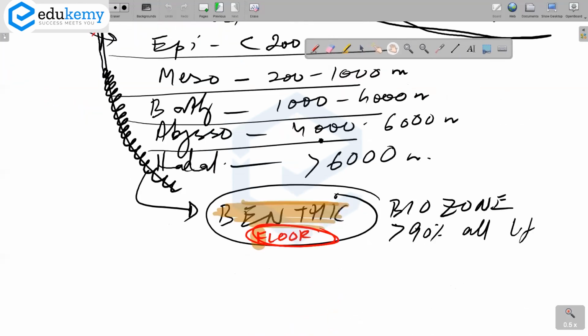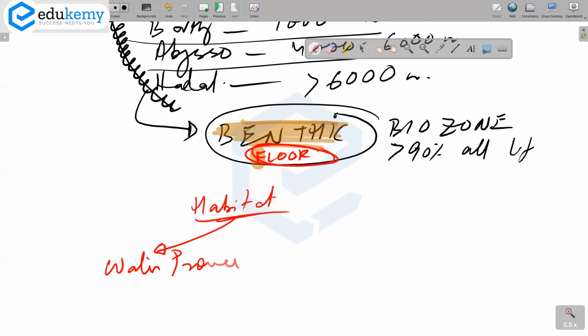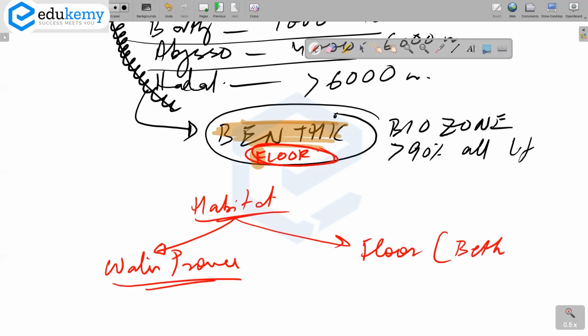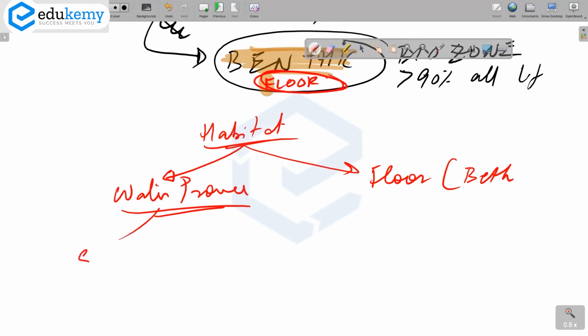If I classify again for the sake of clarity, when we differentiate habitats, habitat can be on the basis of the water province, and it can be on the basis of the floor, the benthic. On the basis of the water province, it can be shallow water along the coast, or open water.